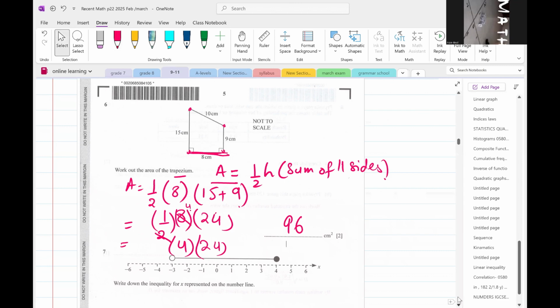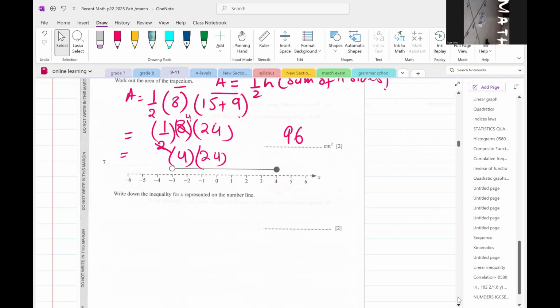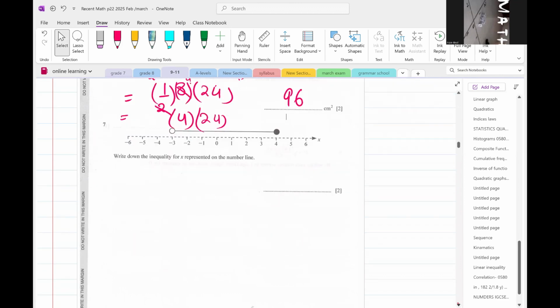Let's move forward. Question number 7. Write down the inequality for x represented on the number line. You can clearly see that this is not colored and this is colored, meaning this is included in the inequality region, but this one is not. We know that it ranges from -3 till 4, and it's the value of x.